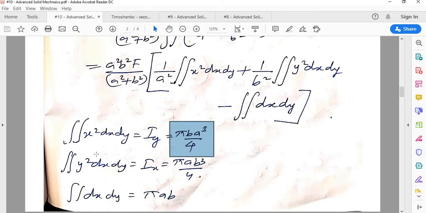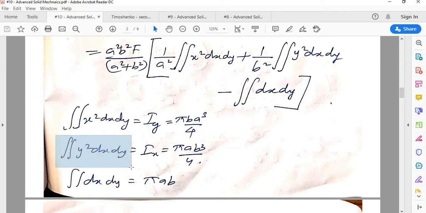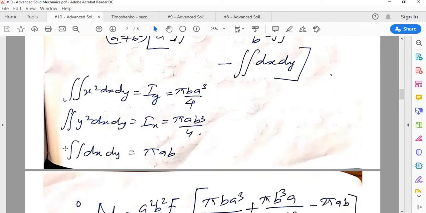So these are the expressions, right? This is x square dx dy, the second moment of inertia with respect to y, and double integral y square dx dy is the second moment of area with respect to x. That expression also we know. And double integral dx dy is nothing but the area, okay?